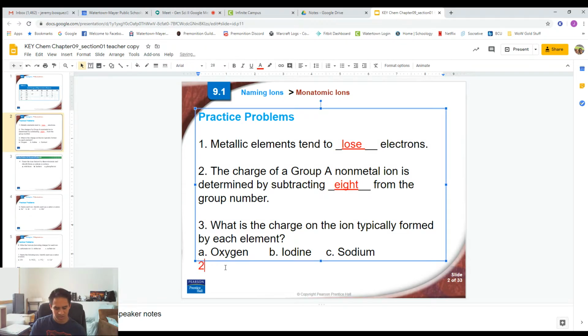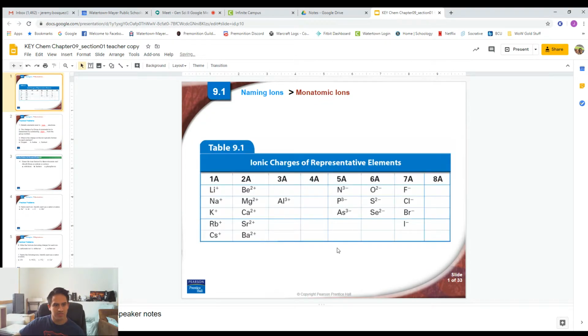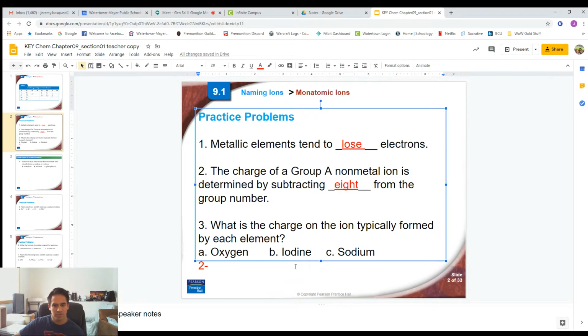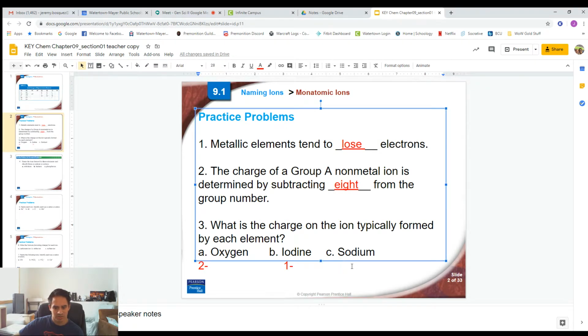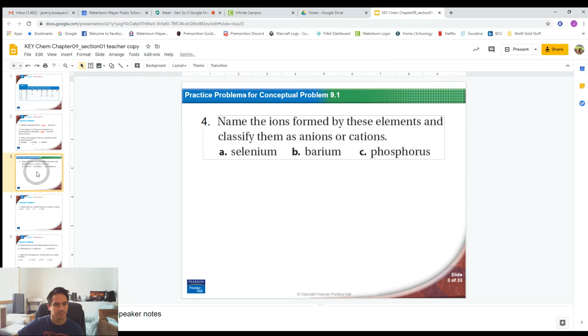So oxygen is going to be 2-. Iodine in column 7, again, we can look back on this chart, makes a charge of -1. So we'll put -1 or 1-, whichever one you want to do. And then sodium being in column 1 on the periodic table, it makes a charge of +1. So this is going to be 1+.